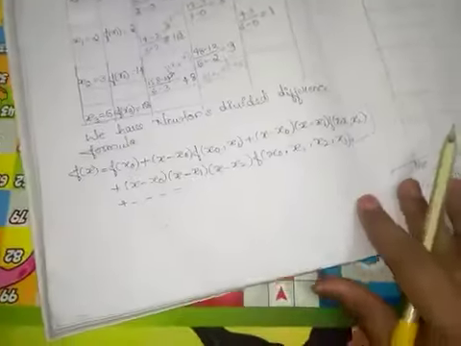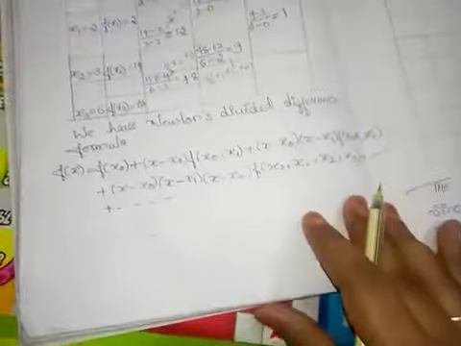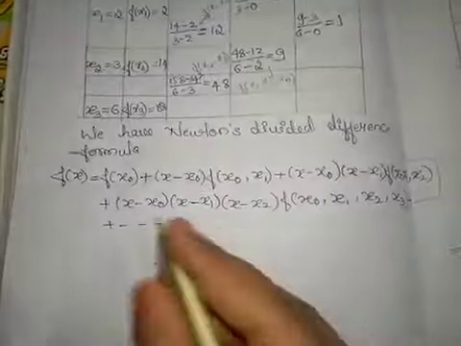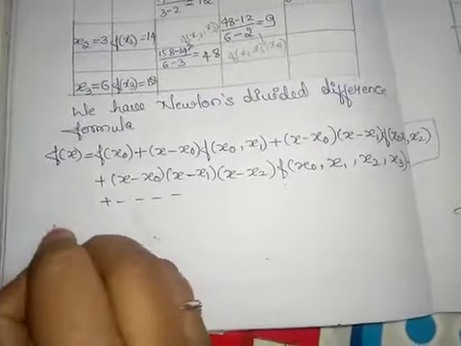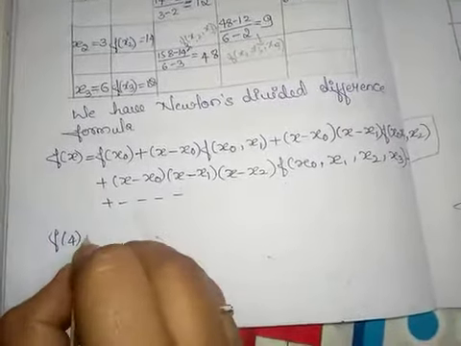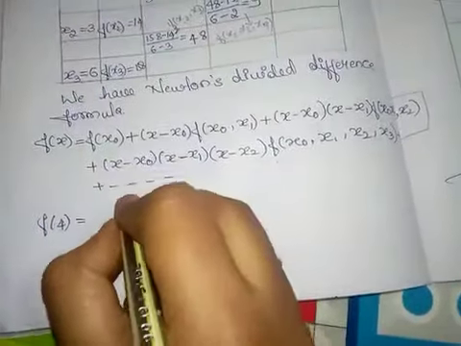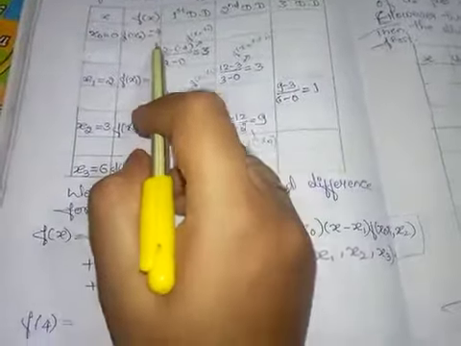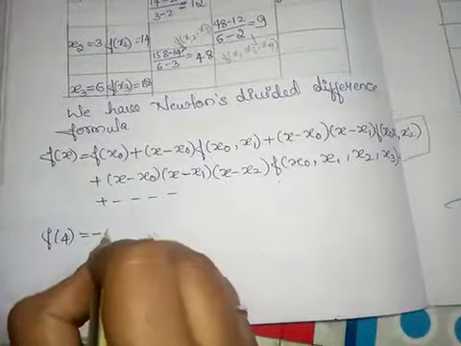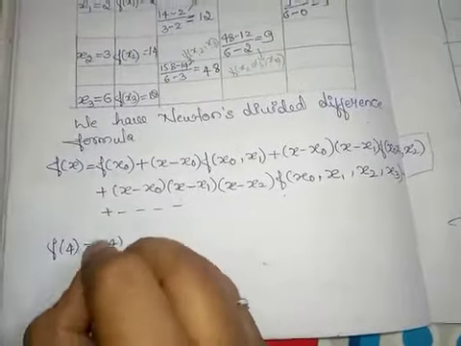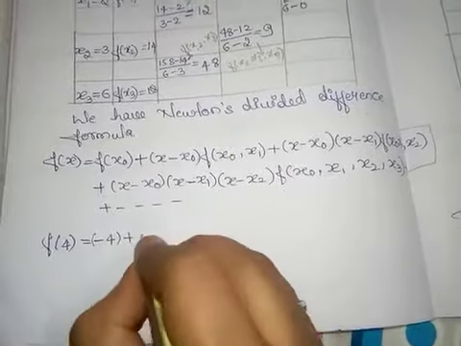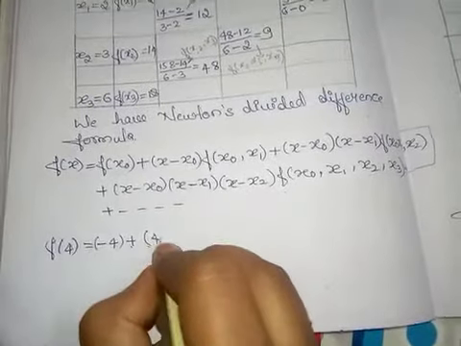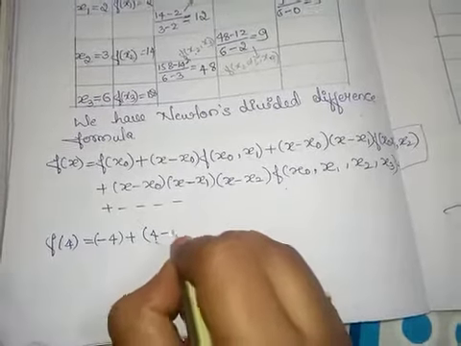Since this is a general example, the plus sign and so on should be compulsory. Okay. Next, what we have to find? We have to find f of 4. F of 4 is equal to f of x0, whose value is what? Here they have given minus 4, plus x value is 4. The x0 value from the table is 0.